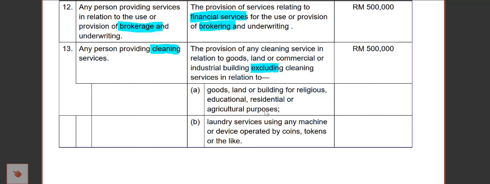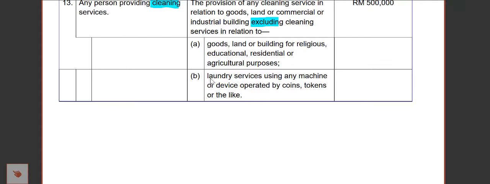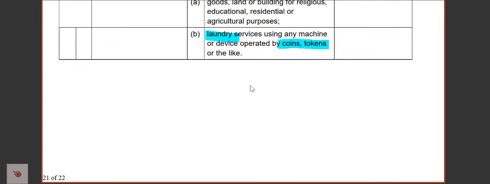Now you see, for example, if now they have this COVID and they want to do cleaning, disinfection, if they disinfect school, they will not impose 6%. But if they disinfect factory, then you realize that 6% will be included. Now, then they will not include laundry that using coins or token. That means self-service laundry machine.